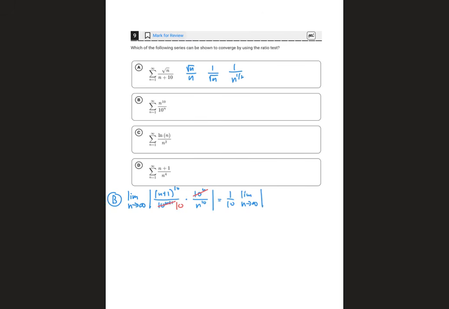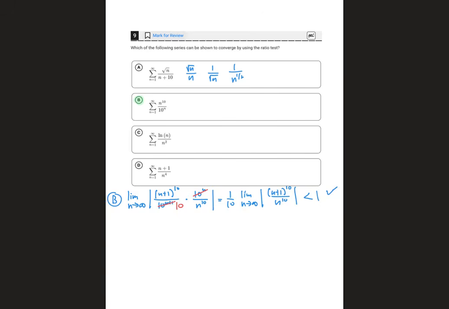And this limit is equal to 1, because if you FOIL this out, you'd get n squared plus and so on. So it's the same degree on the top and bottom, and you divide these coefficients and you get 1, and then times 1/10. So this is less than 1, so that's why this checks out. Okay, so we know that the answer is going to be B.